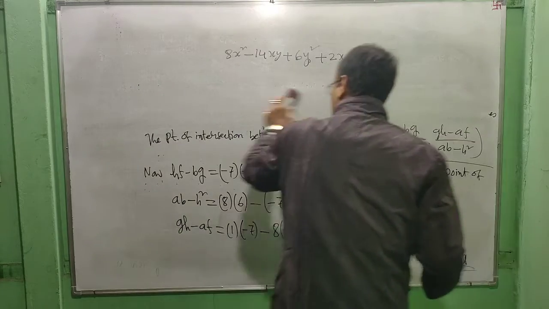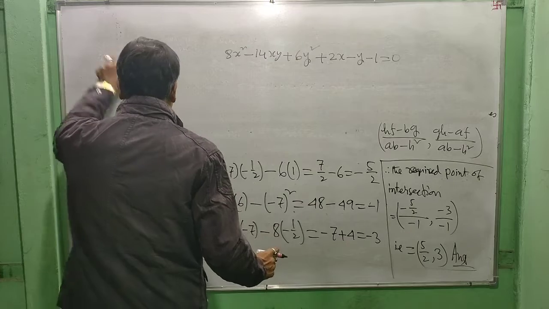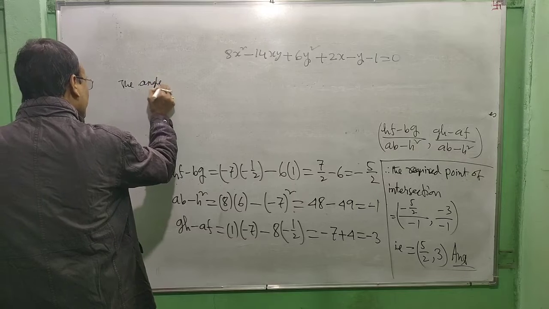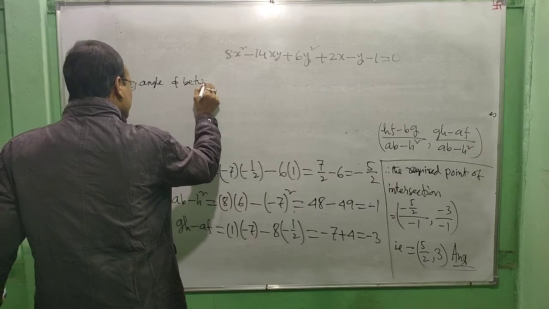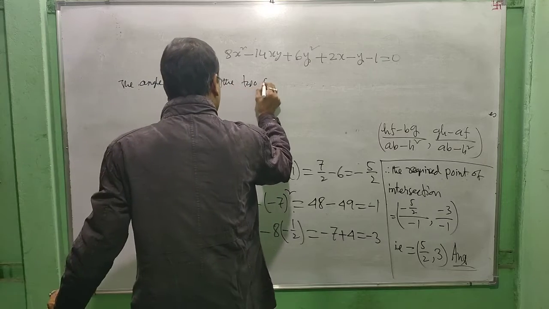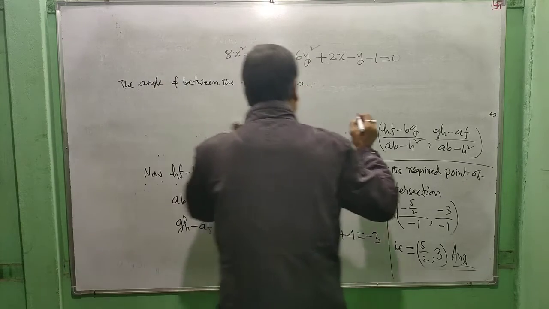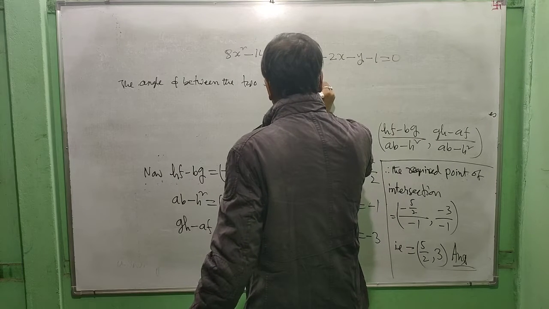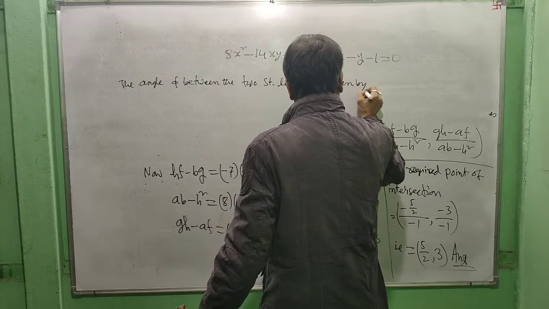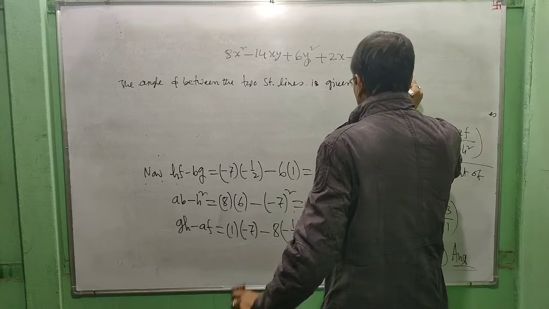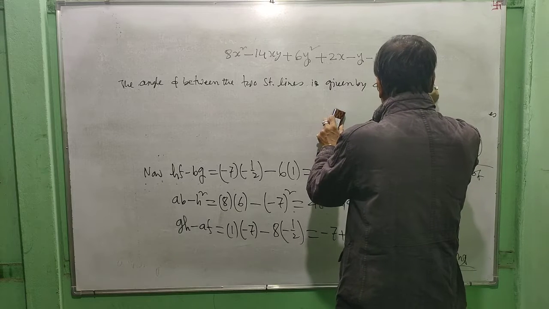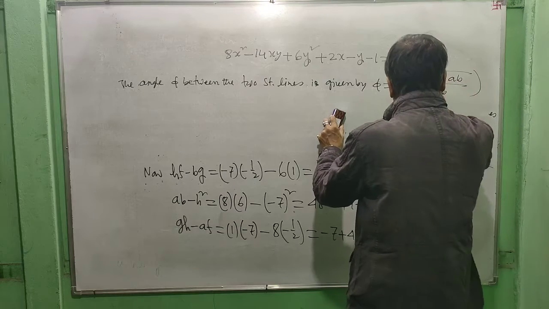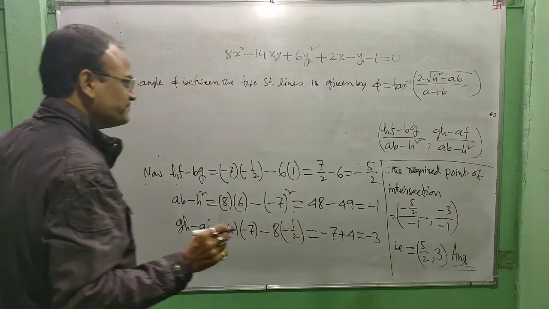What is the angle between the two straight lines? The angle phi between the two straight lines is given by phi equal to tan inverse 2 times root over (H square minus AB) divided by A plus B. This is the angle between the two straight lines.